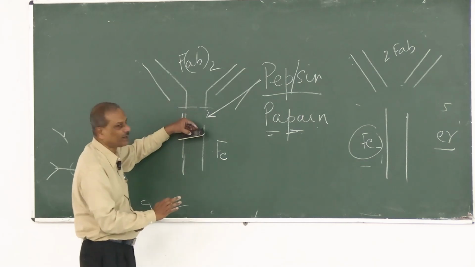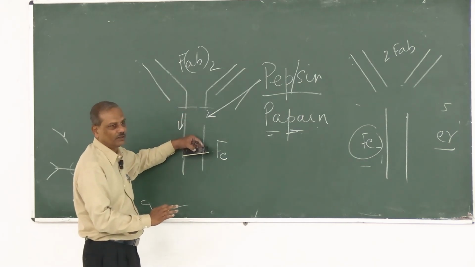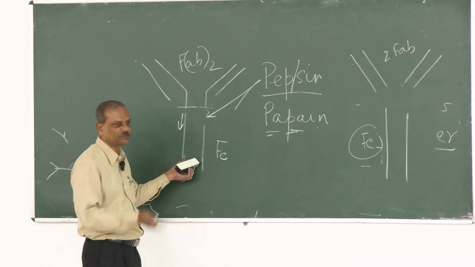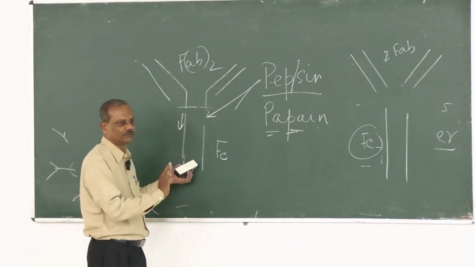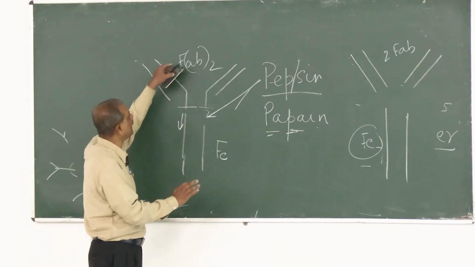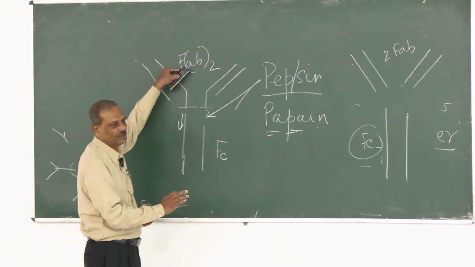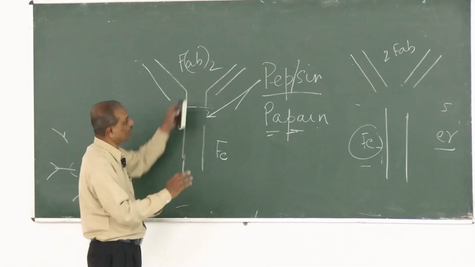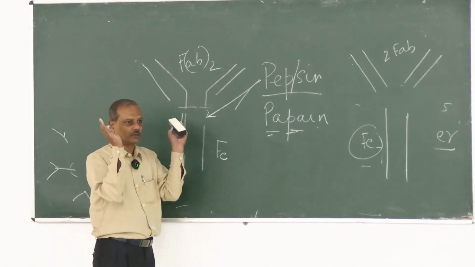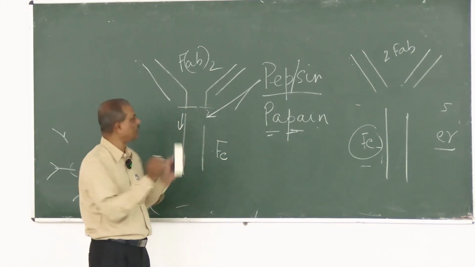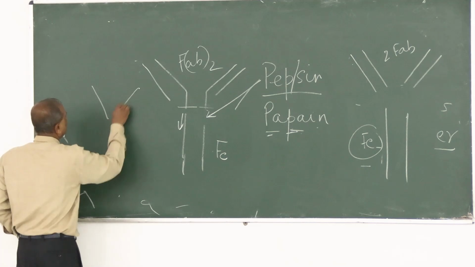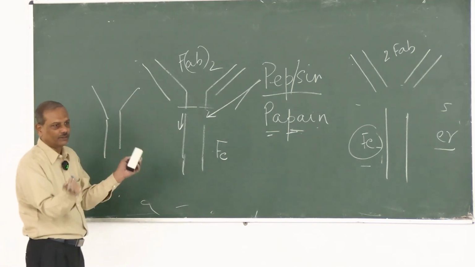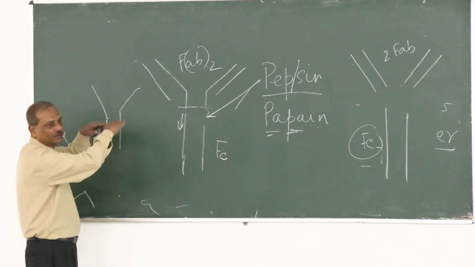Now if I separate these two parts and allow the reaction to occur, only the part having the FC portion will bind to that thing. Similarly, the FAB2. So these are all required for experimental purposes. And another function is that when the molecule is in the Y form, it can bind very tightly and there is flexibility.